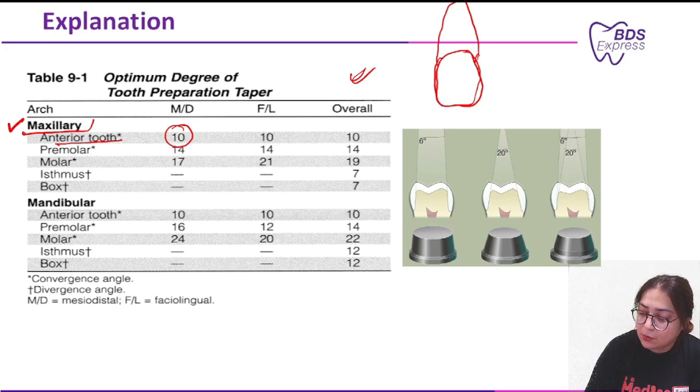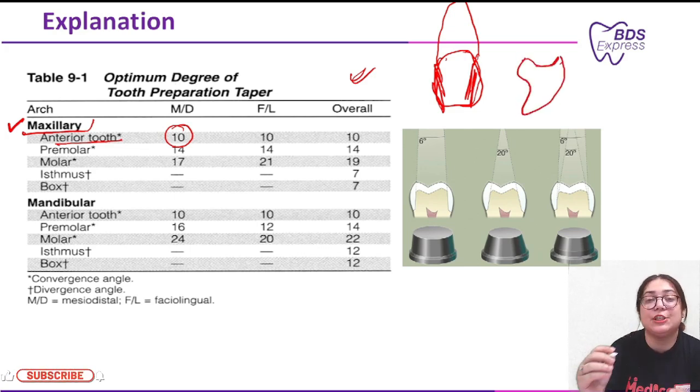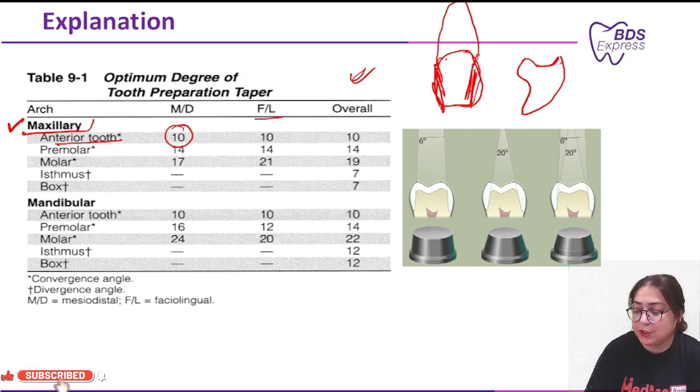So mesiodistally, the cutting will be like this. Then coming on to the next thing, faciolingual. FL stands for faciolingual. So again, faciolingual is also 10 degrees and overall taper should be 10 degrees.